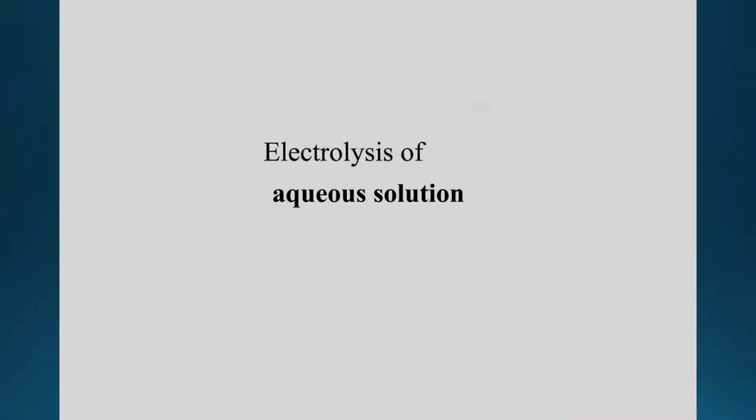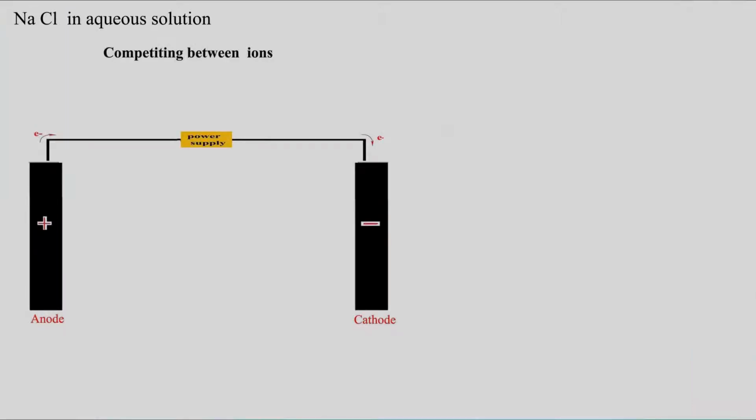Electrolysis of aqueous solution. NaCl in aqueous solution, and there is a competition between ions. What is meant by competition between ions? Let me give you an example. Earlier we learned the negative ion goes towards the positive rod, and the positive ion goes towards the negative rod.